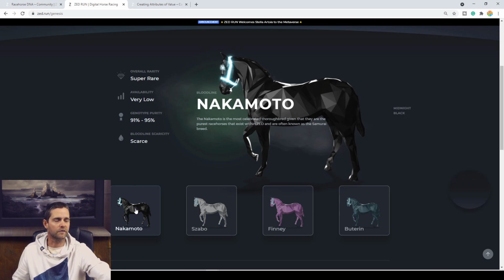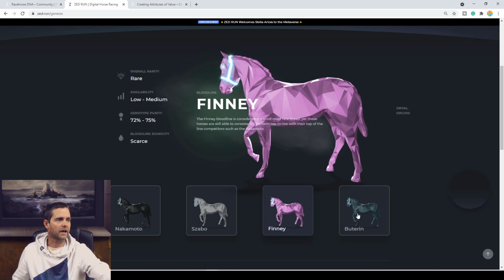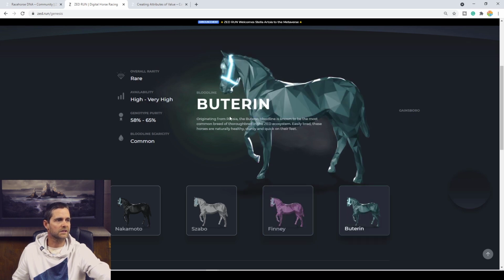You've got Nakamoto, of course, and these are in order of rarity and genotype purity, and we'll touch on that in a moment. Nakamoto, Zarobos, beautiful looking horses, aren't they? Finis and Buterin. There's a little bit of information there which you can read as well.